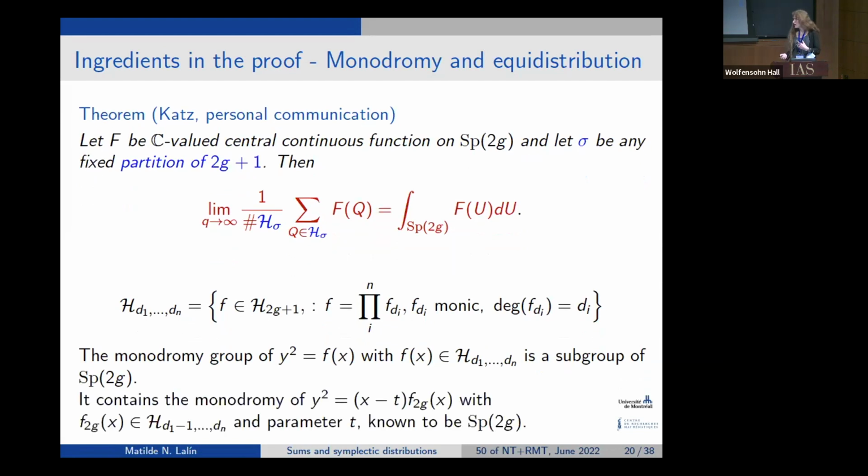And it contains the monodromy of having a finer factorization, so x minus t times the rest. The rest, this f_{2g}, is where I extract a linear factor of the first factor. And this is known to be Sp_{2g}. So the idea is that it fits in a sandwich between something that is a whole group and something that is a whole group.